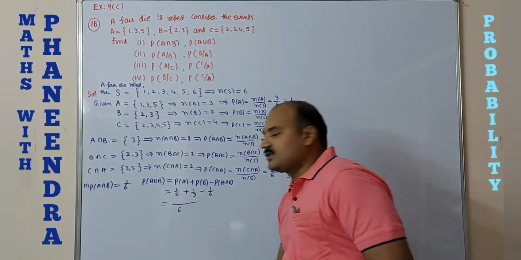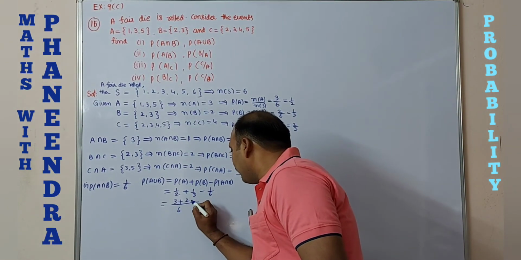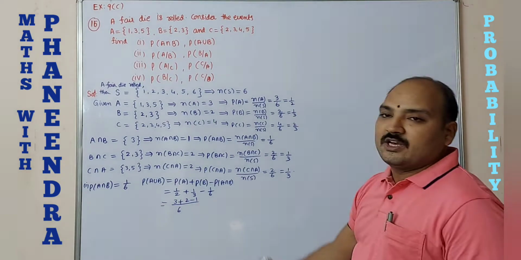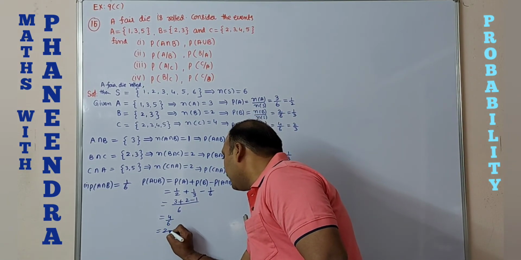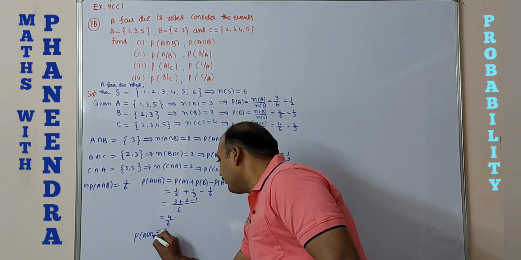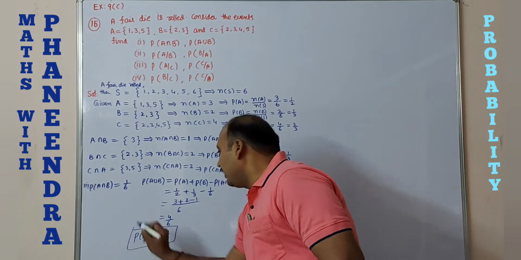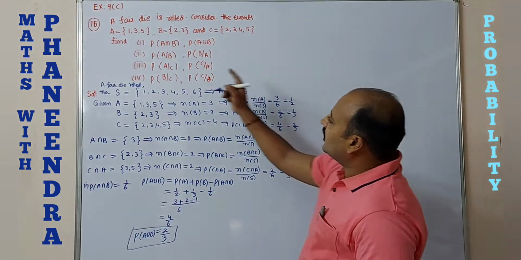So LCM 6. 3 plus 2, that is 5, minus 1 is 4, 4 by 6, 2 by 3. So P of A union B is equal to 2 by 3. So P of A intersection B, we got it here. Now come to the second question.